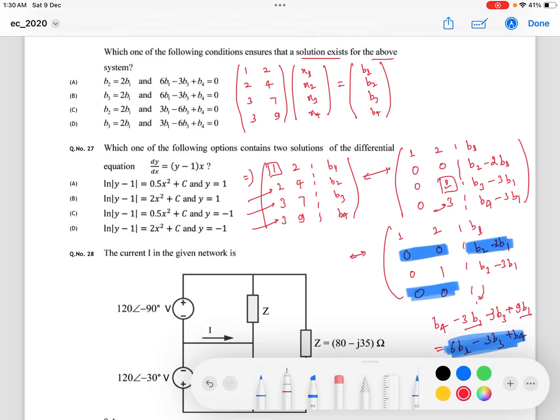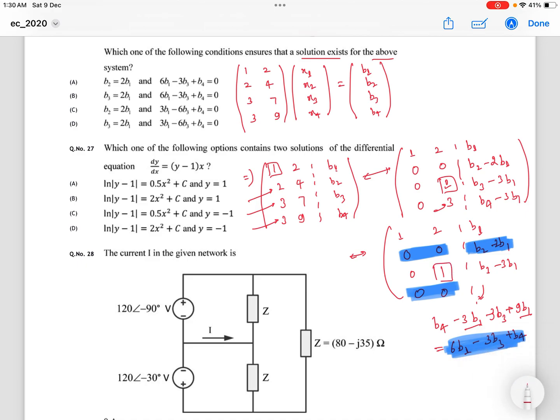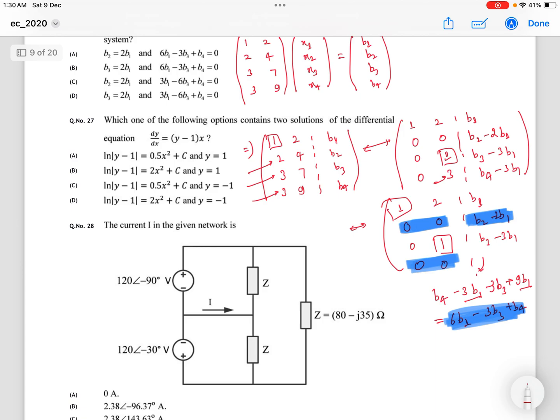So now, once you have applied the elimination, to find the solution you will do the back substitution, right? Once you do the back substitution, you see that this left hand side is completely 0, and to have the solution this right hand side should also be 0.